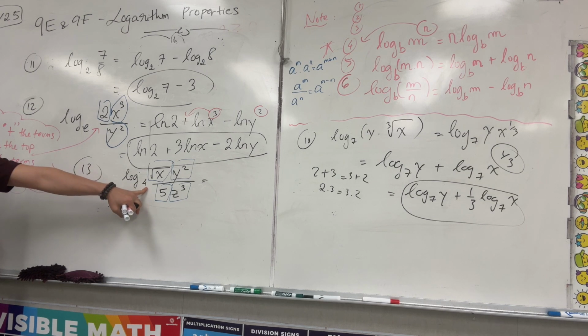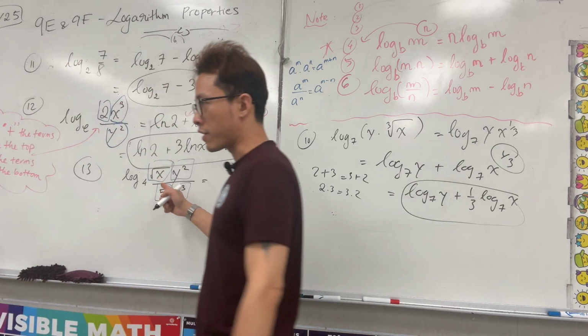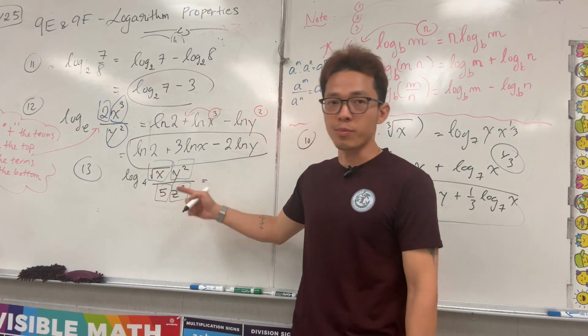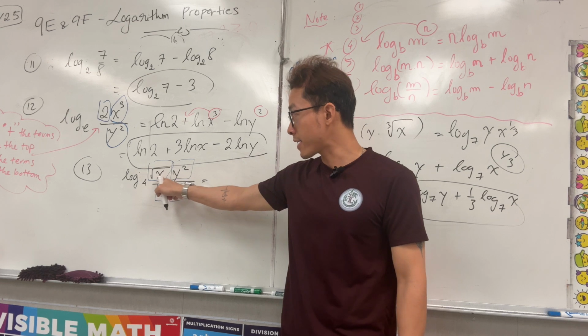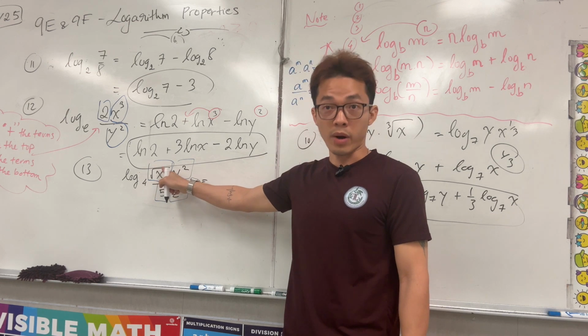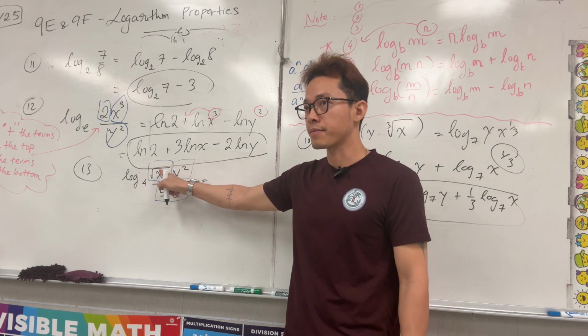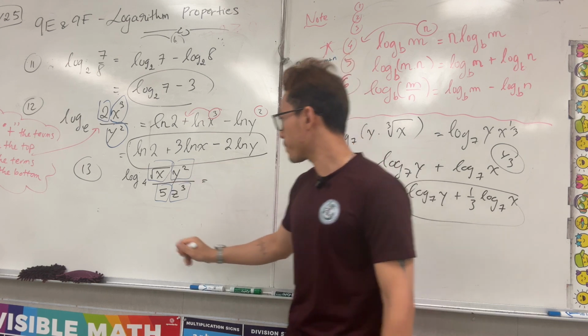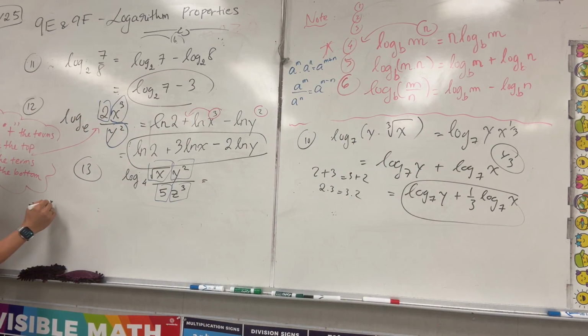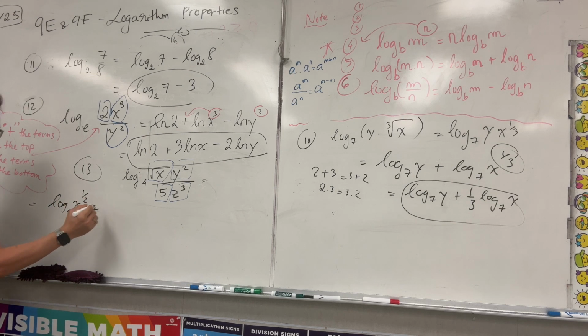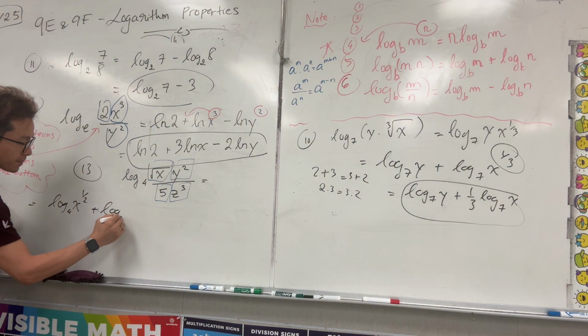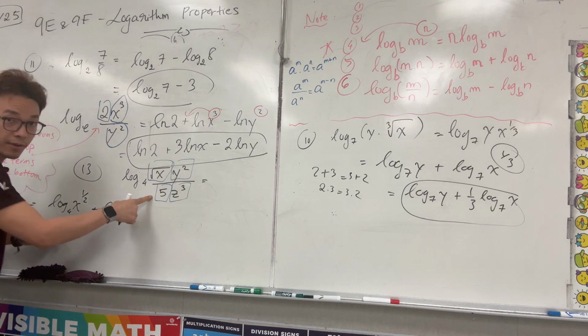Okay, how many terms? 4 terms, right? Whenever you see on the top, you're going to plus. Whenever you see at the bottom, you minus. But before that, you know that x is to the power 1/2, right? Square root is 1/2. So you have log 4 x to the power 1/2 plus log 4 y squared, 5 on the bottom.